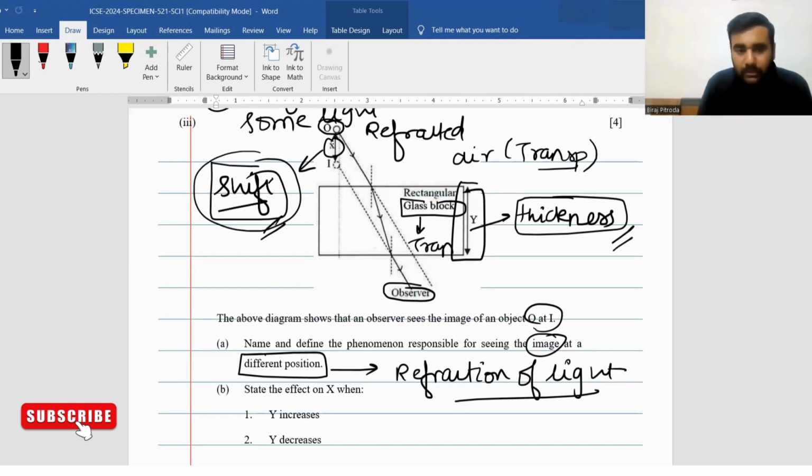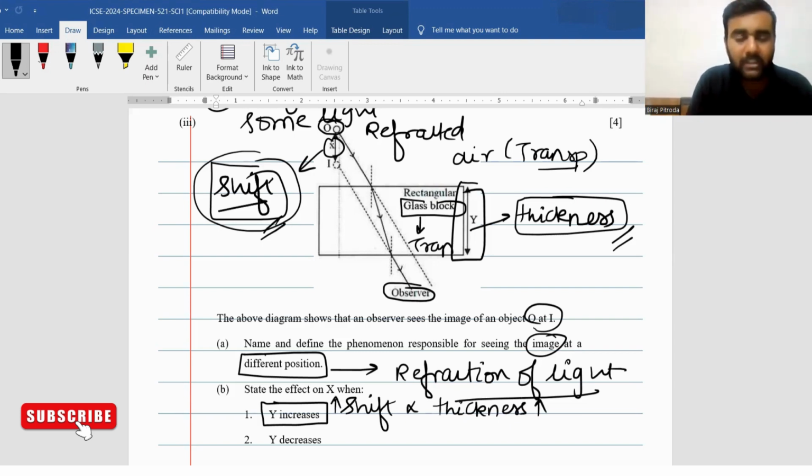They have told, state the effect on X, means state the effect on shift if Y increases. That means if thickness increases. Technically, students, shift is directly proportional to the thickness of the glass. So if the thickness increases, the shift will also increase.